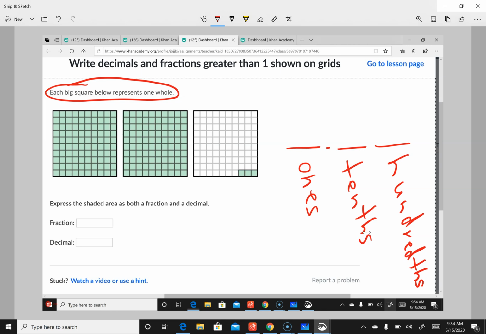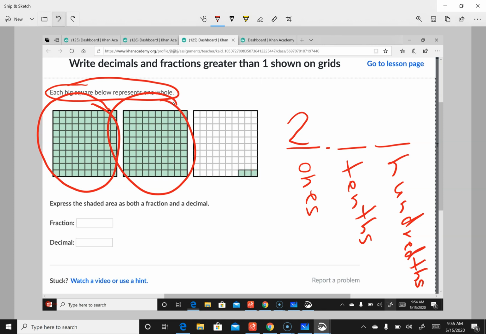Okay, so we have two ones, right? There are two wholes here. So I'm going to put a 2 here in the ones spot. There are two ones or wholes. Now over here, we don't see any complete tenth. These long ones are tenths, right? We don't see any complete tenth that is shaded in.